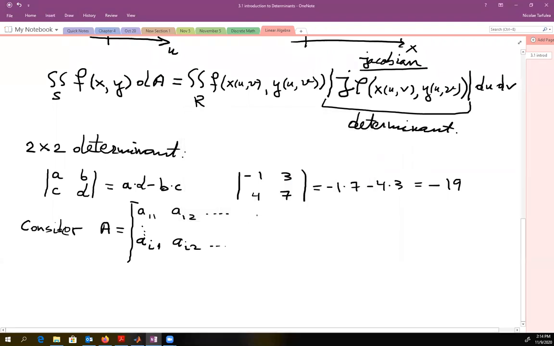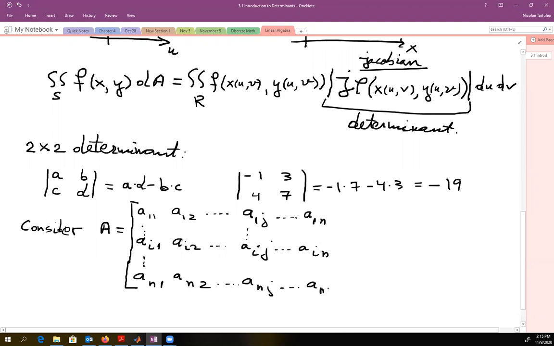So you have here A1j and so on, here you have A1n, and here you have Aij at the intersection, and Ain, An1, this is the last row, An2, Anj, Ann. This is an n by n matrix.